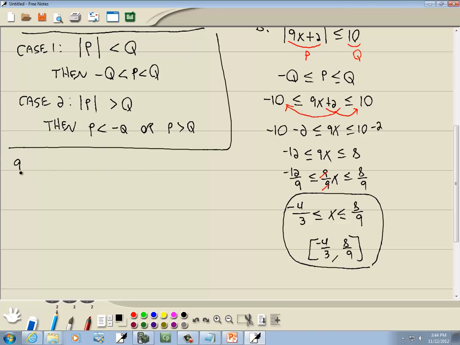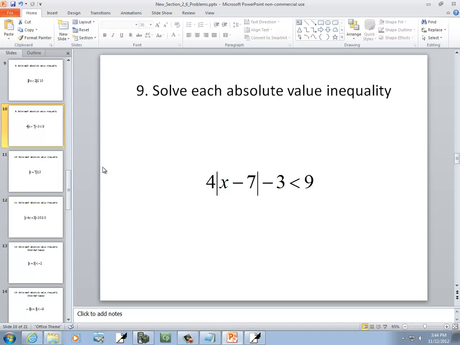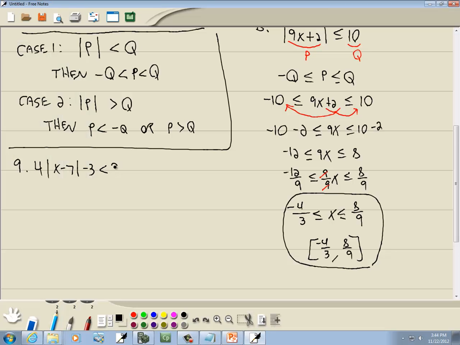Okay, number 9. We've got 4 absolute value of x minus 7 minus 3 is less than 9. Now we can't use these formulas unless the absolute value is by itself on the left side. So let's first take this negative 3 and move it over.